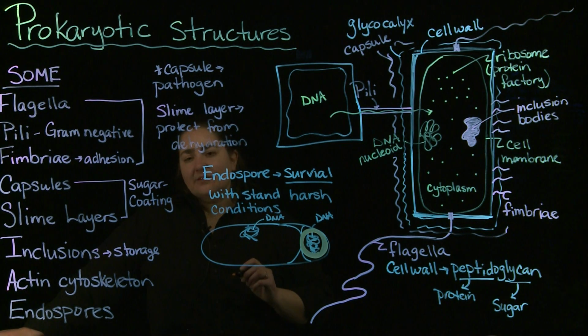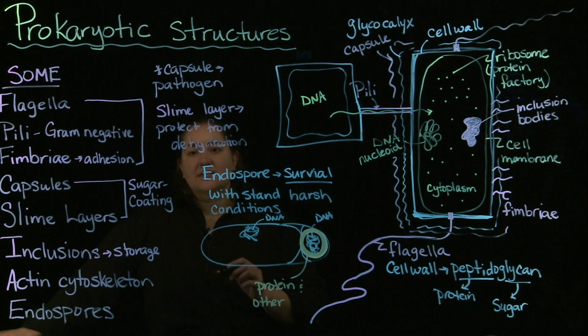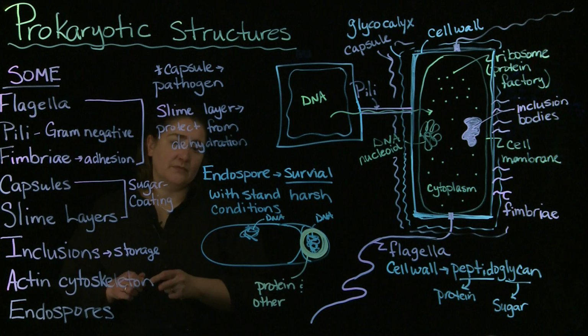So there are going to be layers and layers and layers of protein and other substances that are going to essentially protect that DNA from whatever the harsh environment is, all right? And in terms of those endospores, what that does is that allows the bacteria to survive long term, all right?